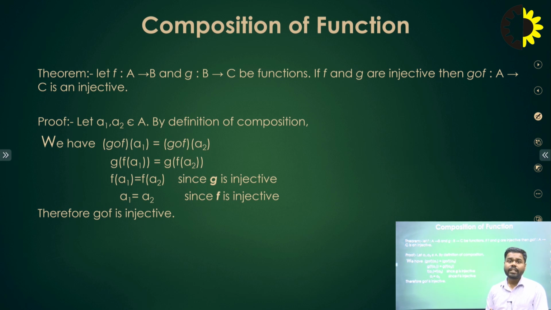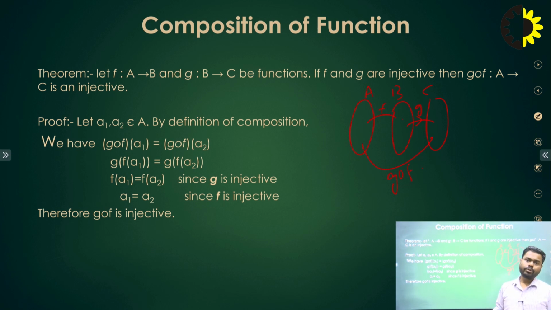The statements given are that f is injective and g is injective. If f is injective and g is injective, then how is g∘f injective? If there is a diagram A, B, C, this is the function f and this is the function g.